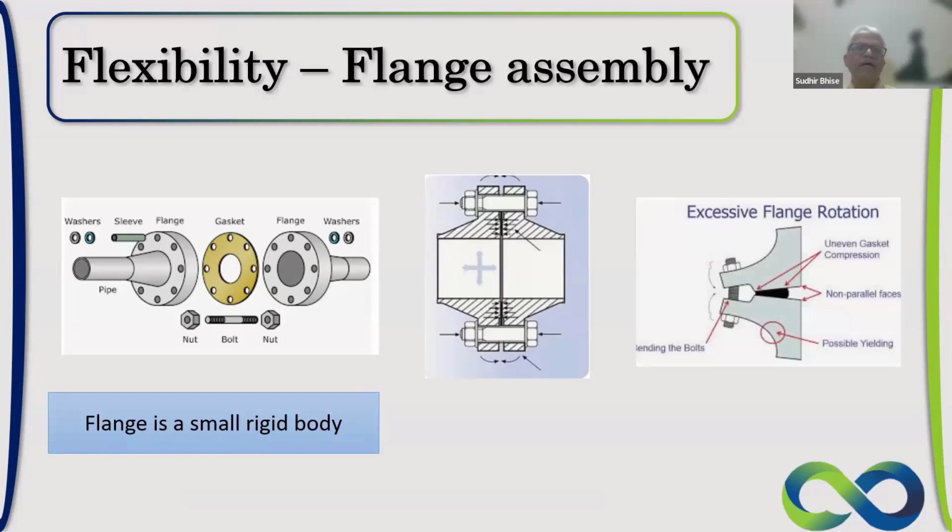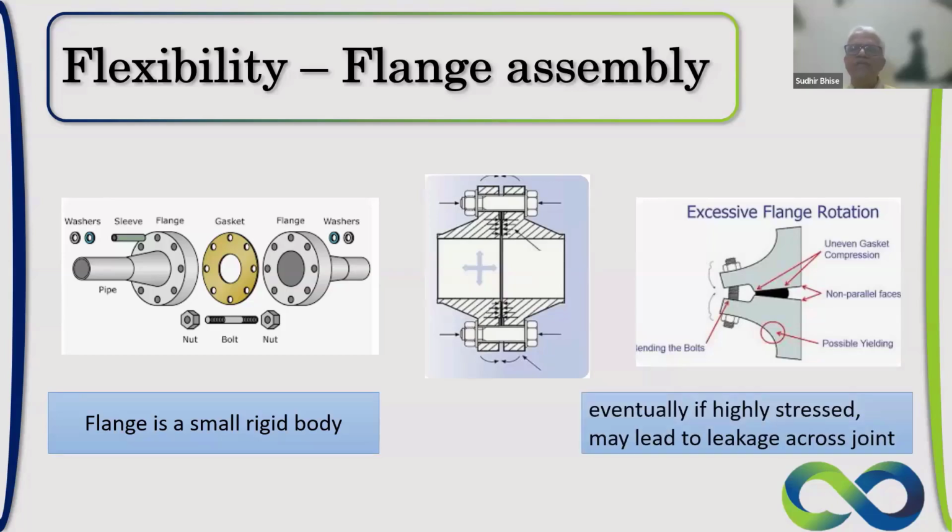The only advantage of the flange is that it is very small in size. So whatever flanges are there in the system, whether it is slip-on flange or weld neck or lap joint or anything else, they will be acting as local heavy bodies concentrated in one location.